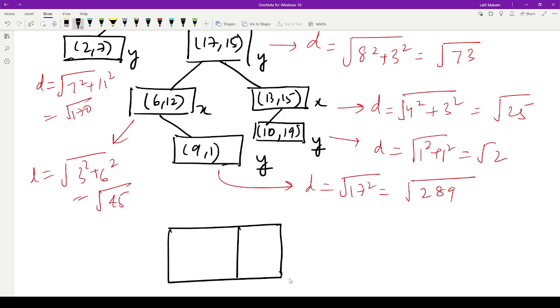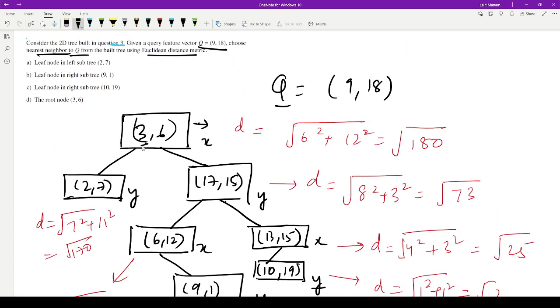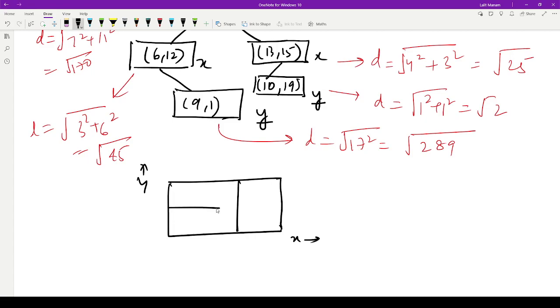For instance, if you have x coordinate and y coordinate here, the values at the root nodes can be considered as thresholds. Based on this you can partition it, and given the values, you can select the region.